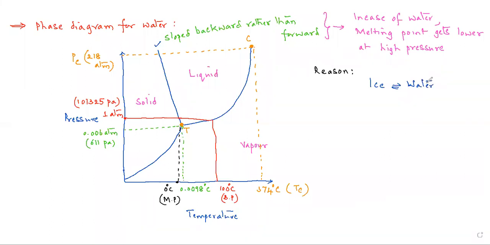Ice water. We know that the density of ice is less, whereas that of water is more. Okay. Now, what if pressure is applied on this equilibrium according to Le Chatelier principle?